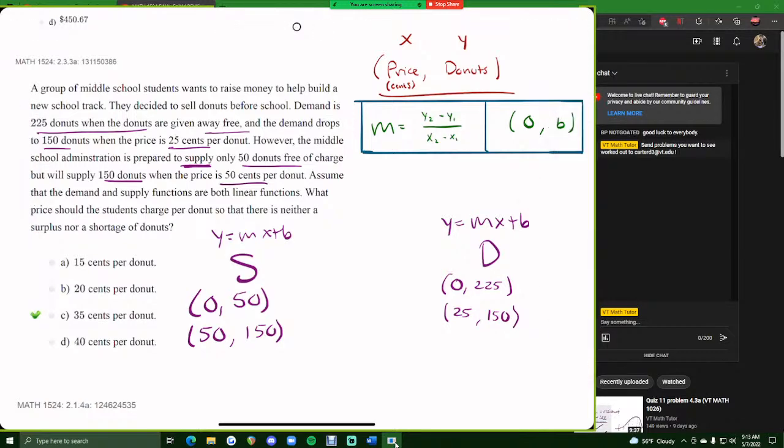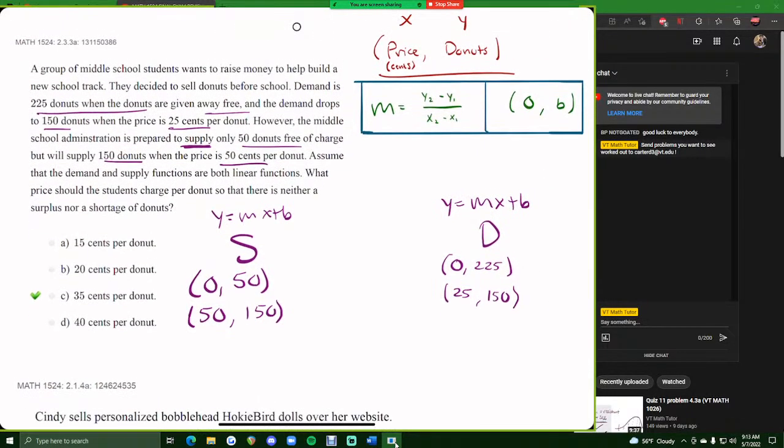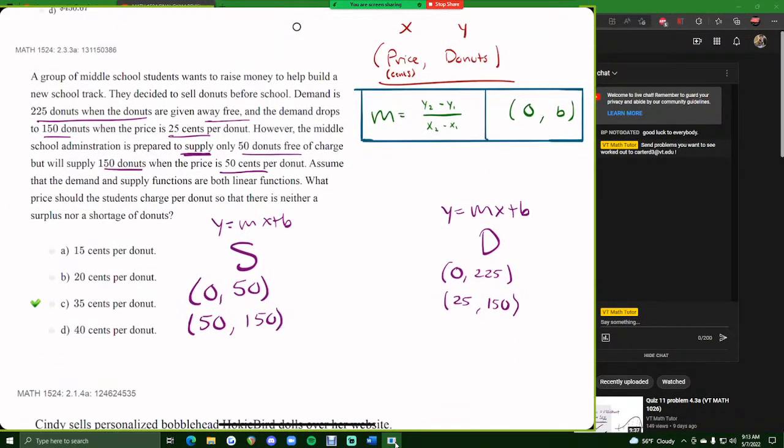So with 2 ordered pairs, you can always construct the equation of a line. First thing we can find is the slope. So if we find the slope, y2 minus y1 over x2 minus x1 here, we get 150 minus 50 divided by 50 minus 0. So that is 100 over 50, which gives us 2. So 2 is our slope for the supply function. Now for y equals mx plus b, we need the m and we need the b.